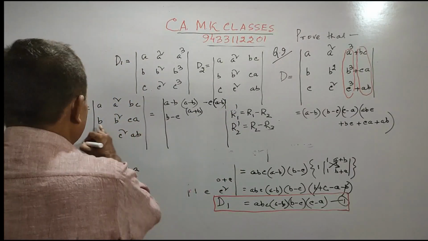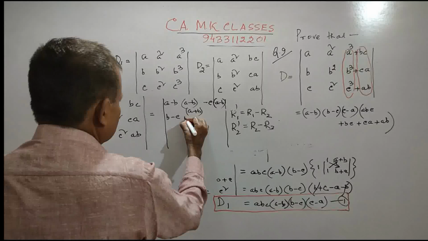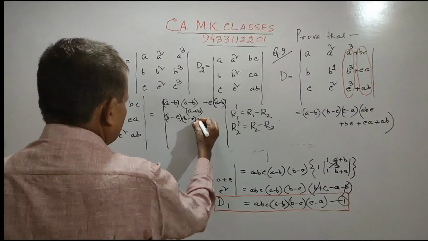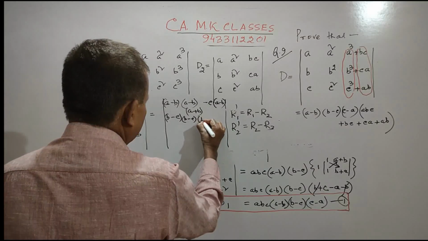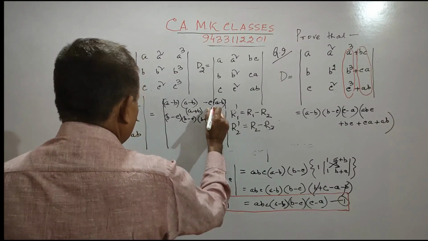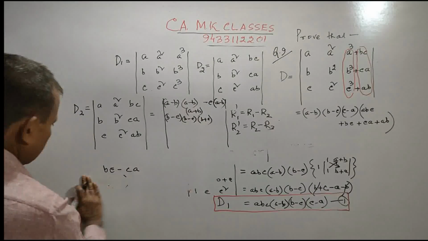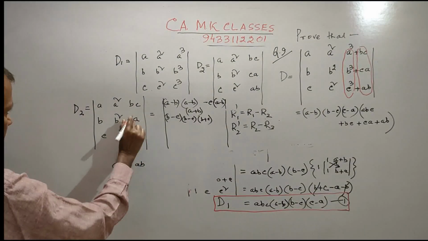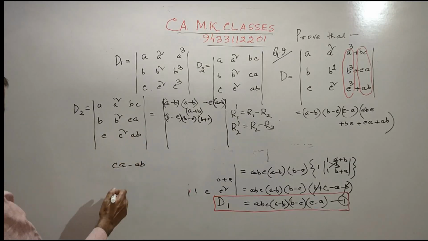Similarly, this will be b minus c, this will be b minus c, and b plus c, and this will be ca minus ab, this too ca minus ab.